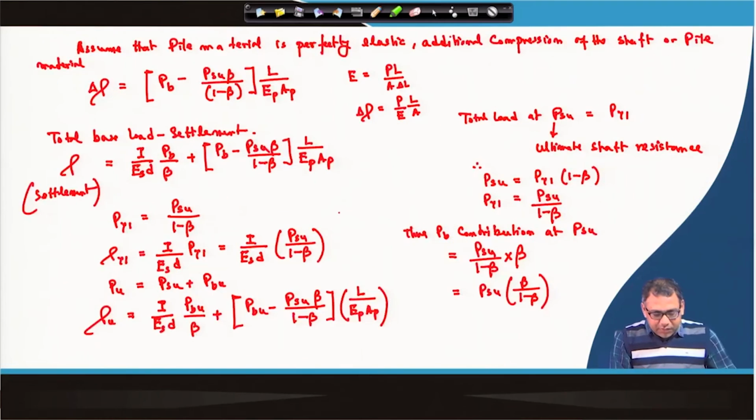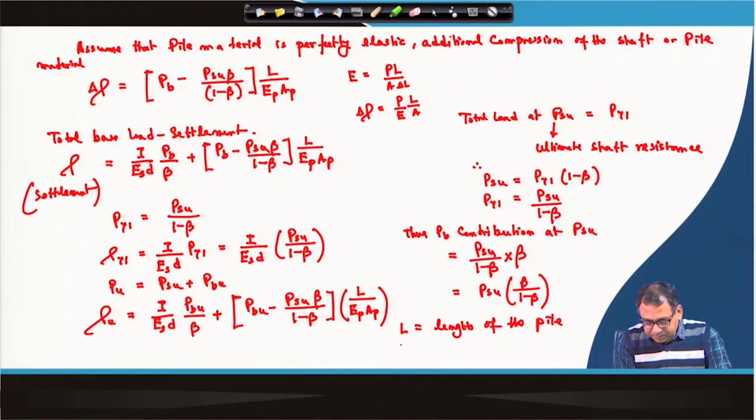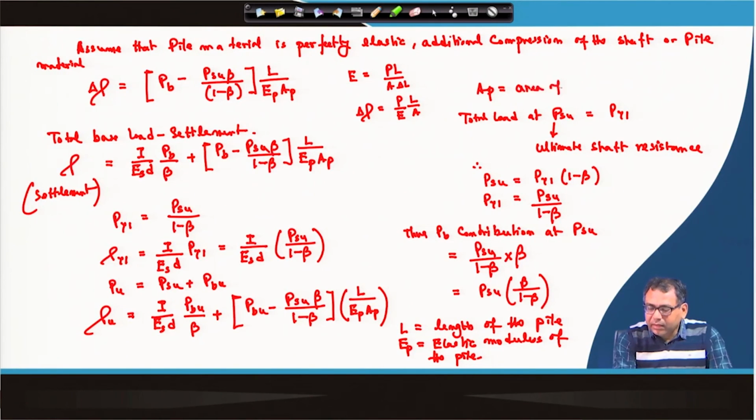So, I can draw the individual curve, or I can draw the total load settlement curve, or overall load settlement curve. So, here I can write that L is equal to length of the pile, Ep is the elastic modulus of the pile, and Ap is the area of the pile base.